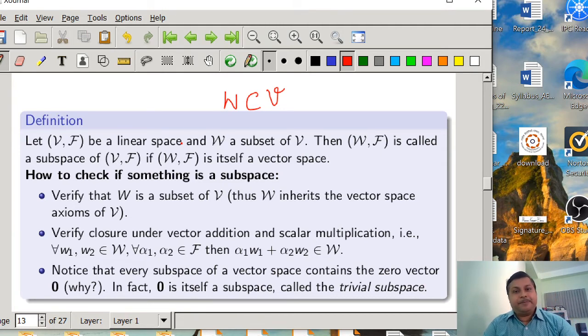So W will be a subset of V, but W itself is a vector space over the field F, then only we will call W a subspace.